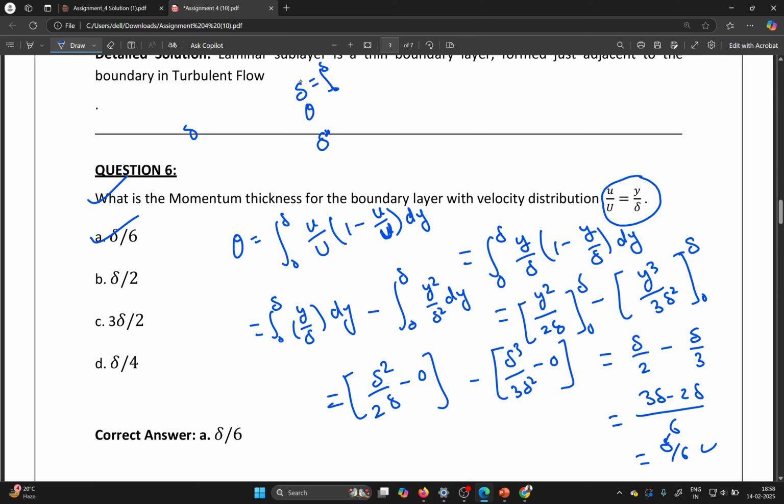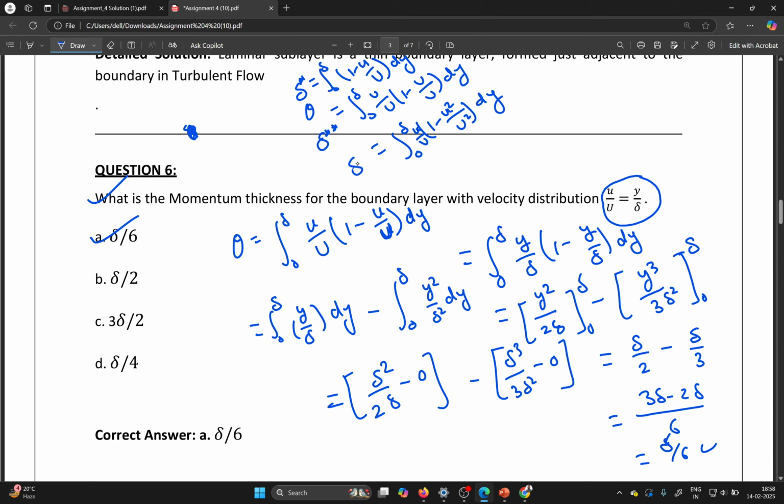So here if I put delta star, and here if I put double star, it will not be confusing. So 1 minus u by capital U dy, from 0 to delta, and for this, from 0 to delta, u by capital U times 1 minus u by capital U dy, and for this, from 0 to delta, u by capital U times 1 minus u square by capital U square dy.